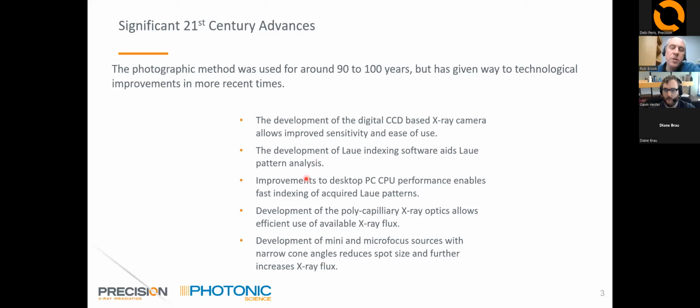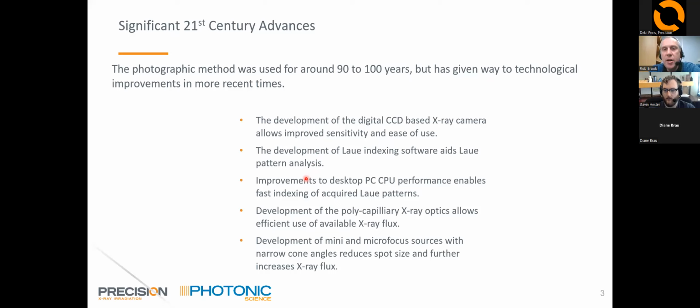Improvements to computer performance, higher CPU power, enable fast indexing of the Laue patterns using this software. Within a few seconds, you can fit a pattern that you've acquired and work out what orientation your crystal is in.